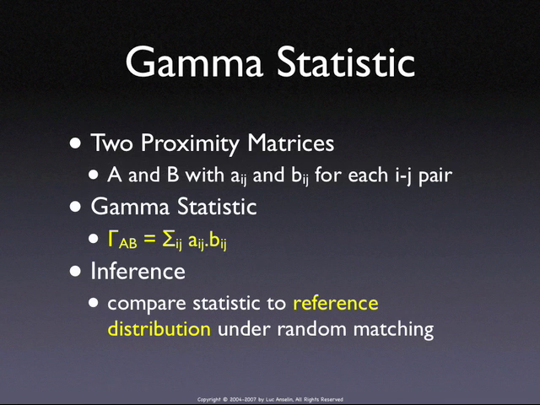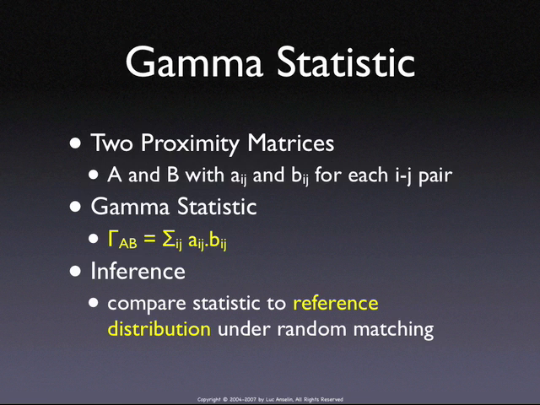We start with, as before, n objects, and we look at them in terms of pairs, and look at how they rate on the similarity or proximity matrix. One we call matrix A, and the measure for the pair ij is a_ij. The other one we call B, and the measure of similarity or dissimilarity is b_ij.